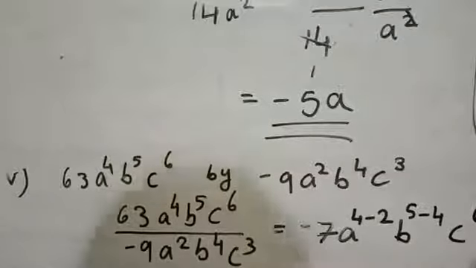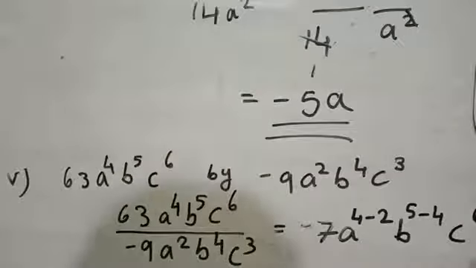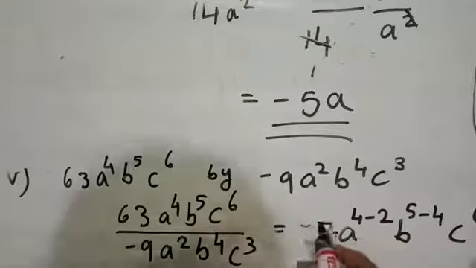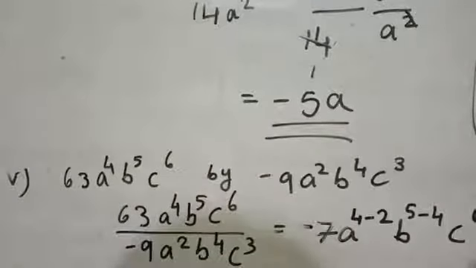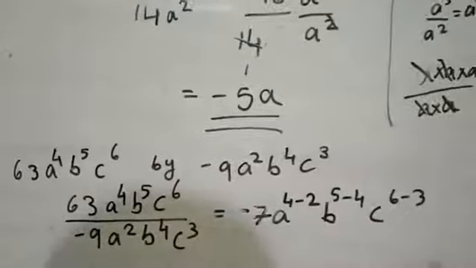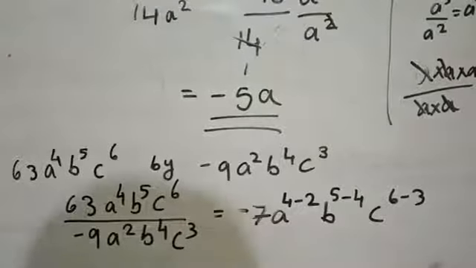See, when we are dividing the same base with different powers, we can subtract the powers only. A raised to m by a raised to n is a raised to m minus n. So here a raised to 4 minus 2, b raised to 5 minus 4, c raised to 6 minus 3.